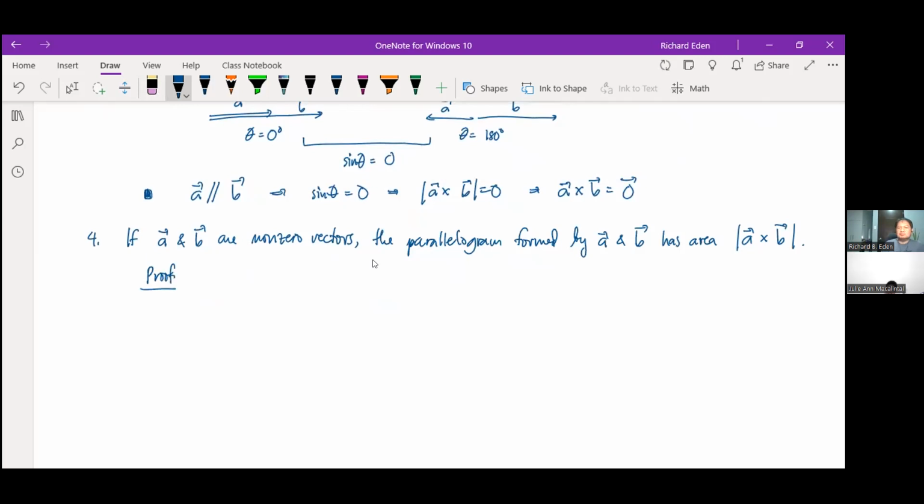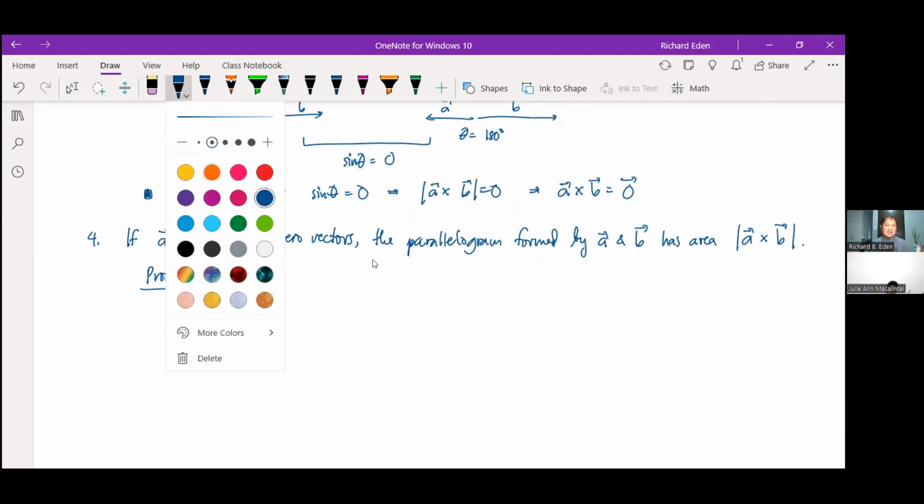All right. Well, I suppose the first question is, what do we mean by the parallelogram formed? Vectors, their positions are irrelevant. You could always move them as long as you're not changing the length and you're not changing the direction. But suppose you draw them so that they have the same starting point.